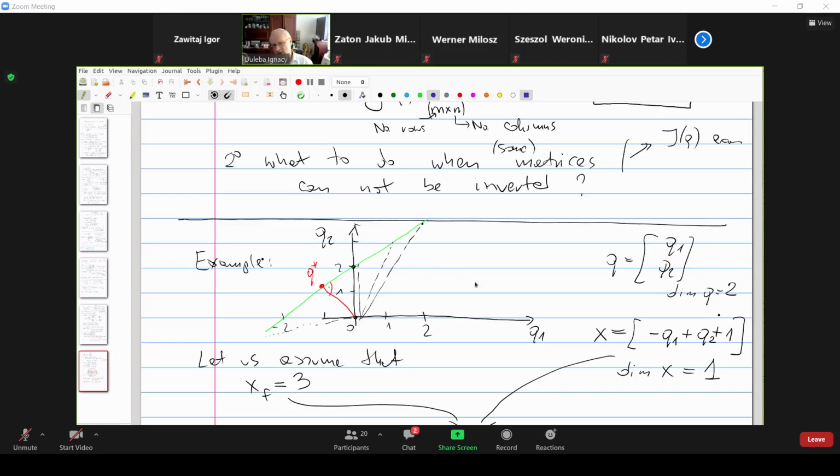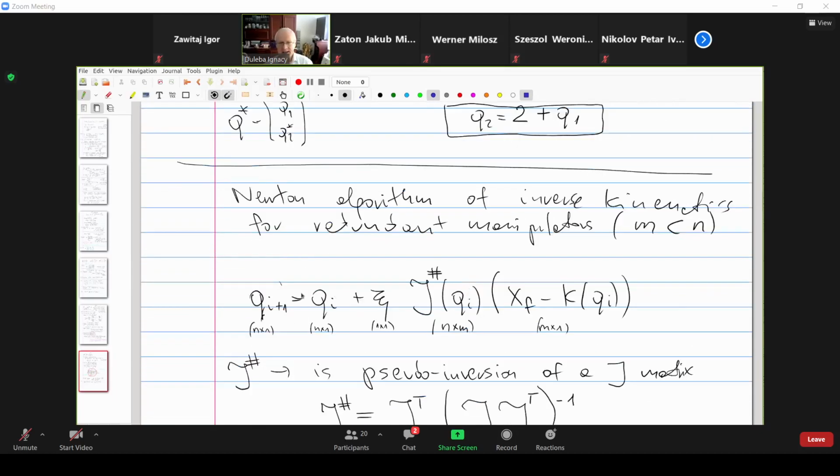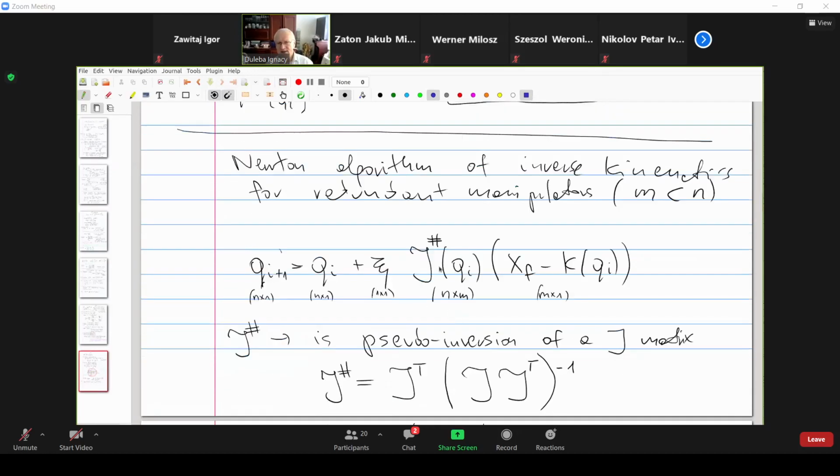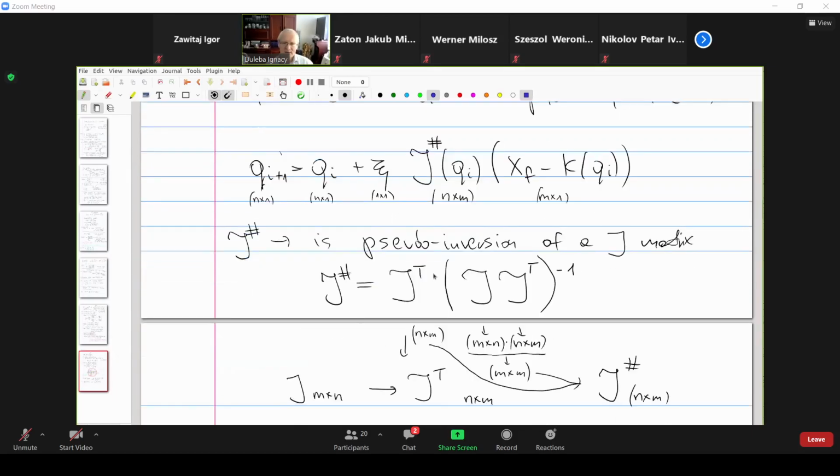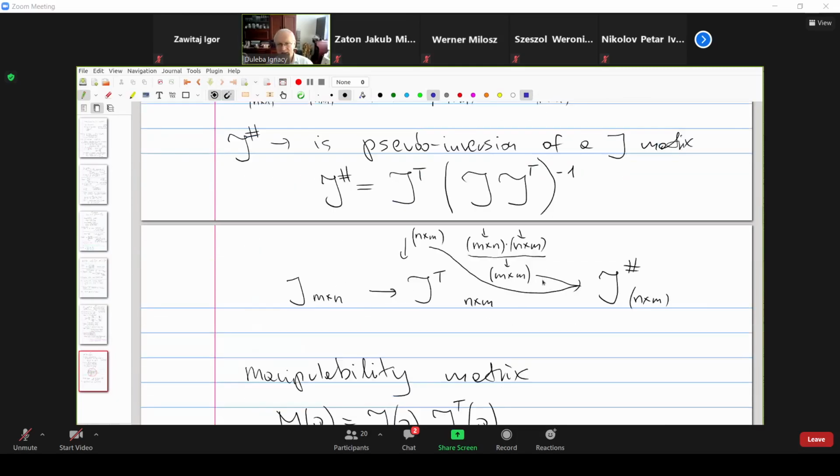configuration within configuration space. Okay, and the Newton algorithm of inverse kinematics for redundant manipulators looks very similar to the previous one. The only difference is that instead of inverting the Jacobi matrix, we are using the pseudo-inverse, and the pseudo-inverse is based on the Jacobi matrix, but of course it is a little bit more complicated.